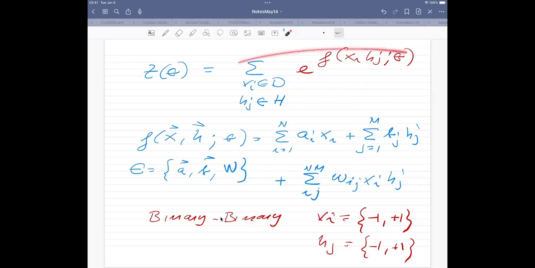So calculating this normalization factor, which in statistical mechanics is called the partition function, is a very difficult topic. 2 to the 100 is about 1000 raised to the 10, even with 100 nodes, which is a small case.